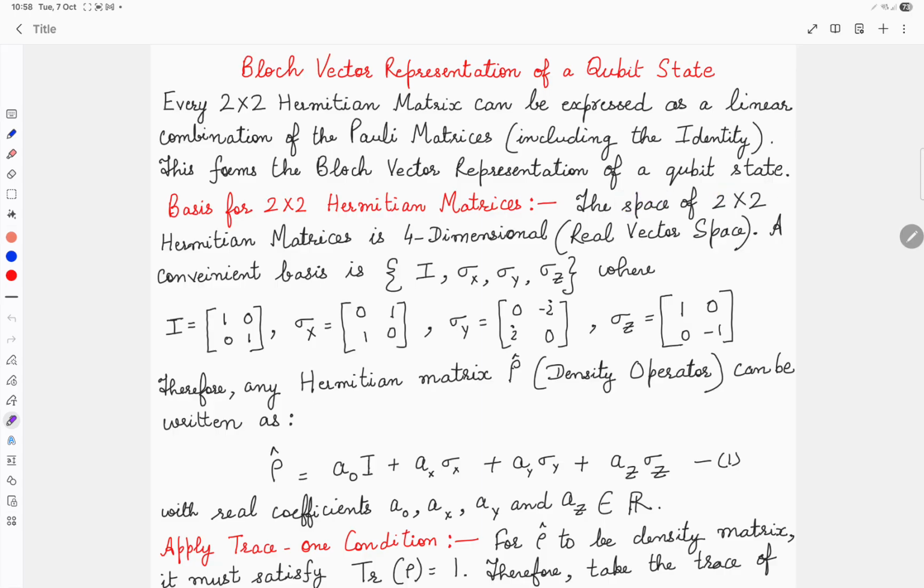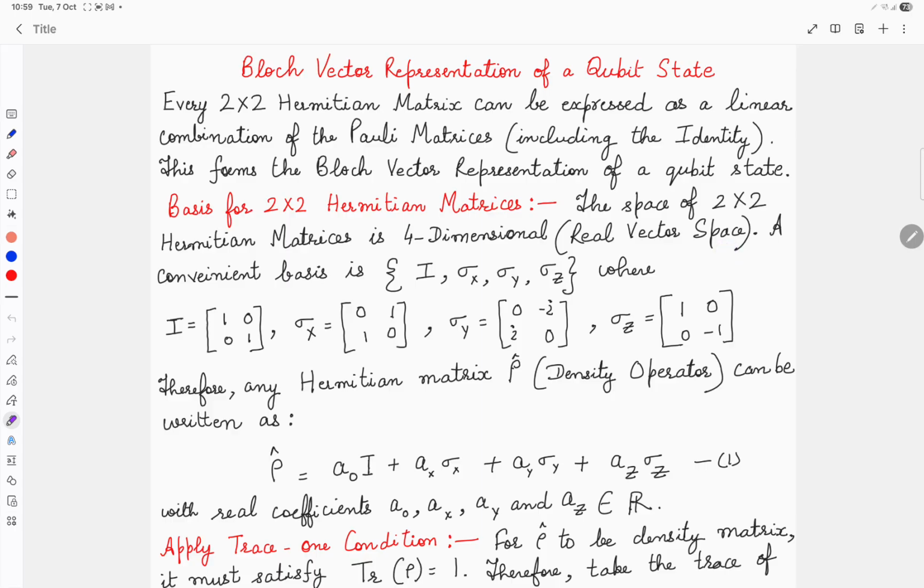So let us try to develop the Bloch vector representation by this model, in which the 2 cross 2 Hermitian matrix will be expressed as a linear combination of the Pauli matrices, including the identity matrix. Now the basis for 2 cross 2 Hermitian matrices: the space of 2 cross 2 Hermitian matrices is a 4-dimensional real vector space.